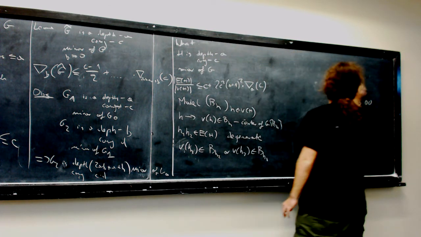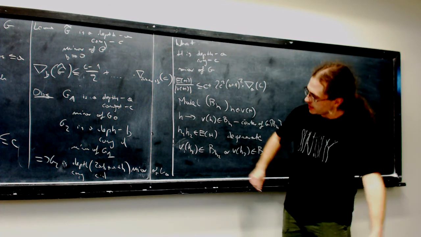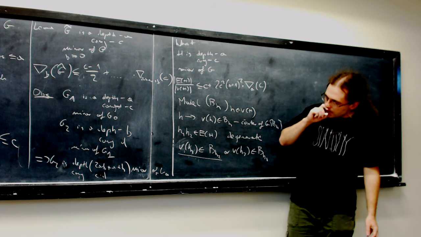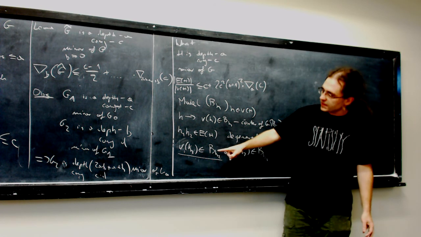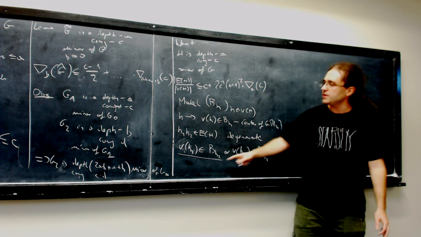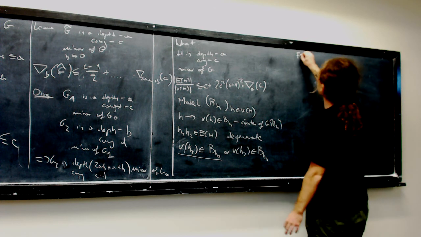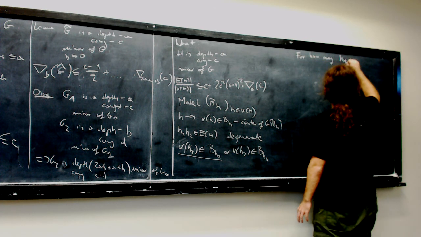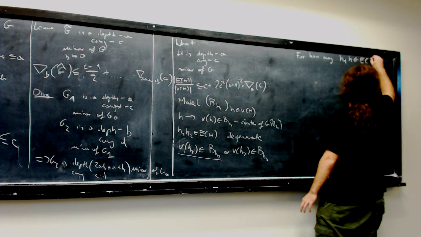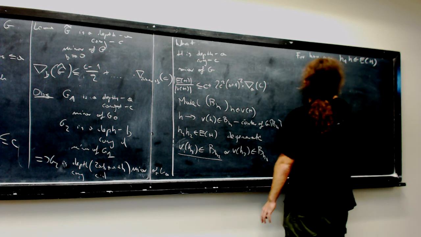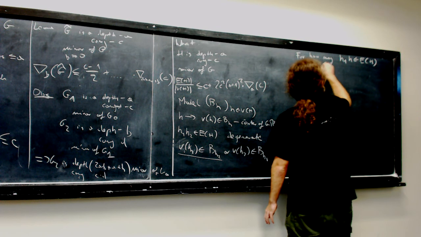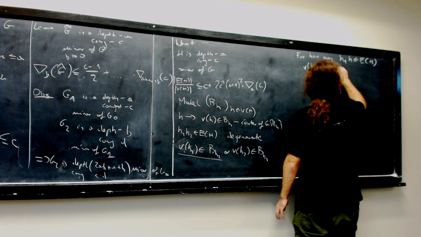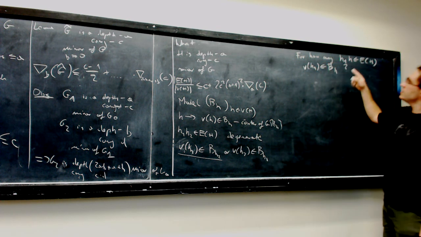What I want to say is, if this happens, how many times can this happen? For how many edges H1H2 in E of H do we have that V of H1 is in the branch set of H2?